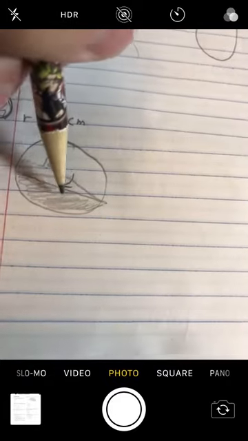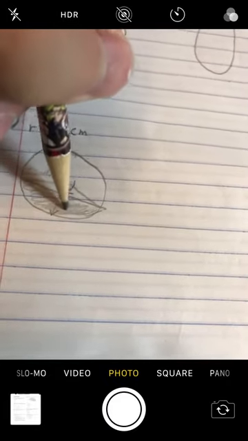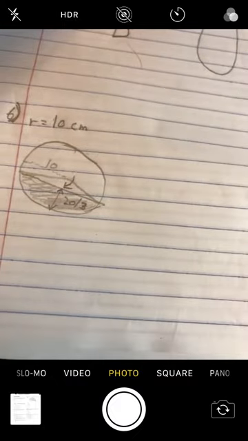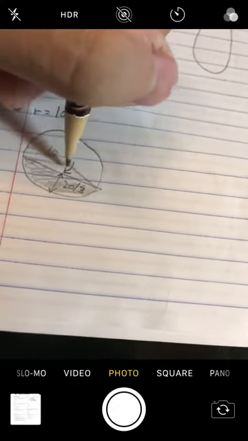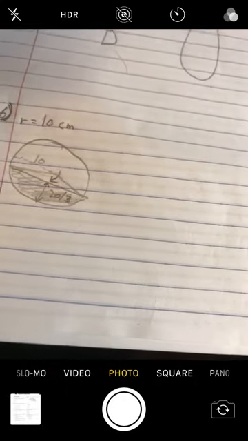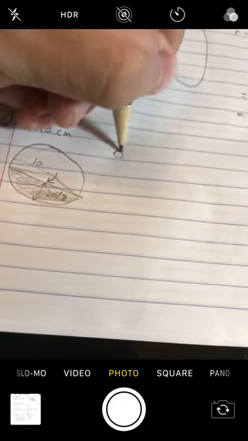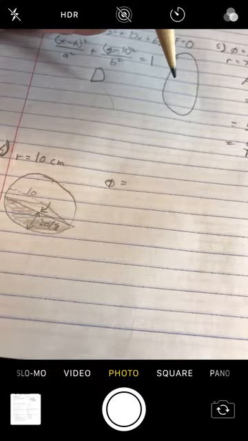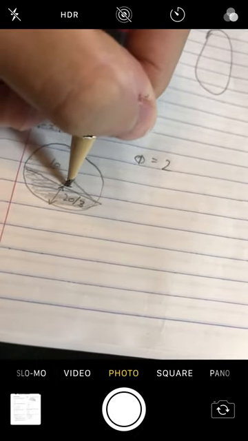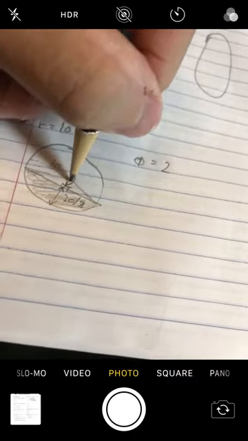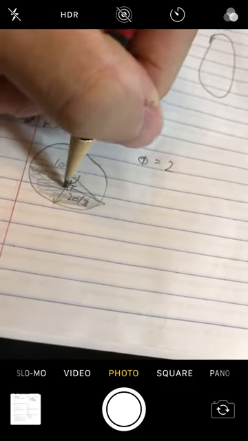If this is 2/3 of the way, that's going to be 20 over 3. So we've got our longest length of the triangle here, and this is 10 for each of the legs. So our phi is going to be twice, because you can essentially make 2 right triangles here, and this will be 10 for each of the triangles.